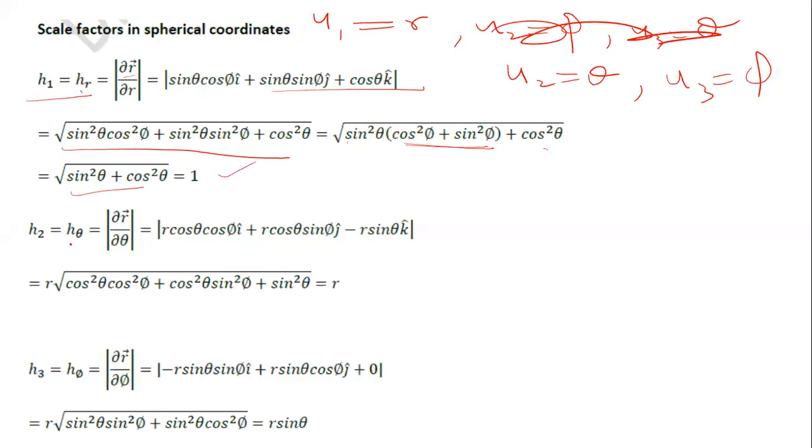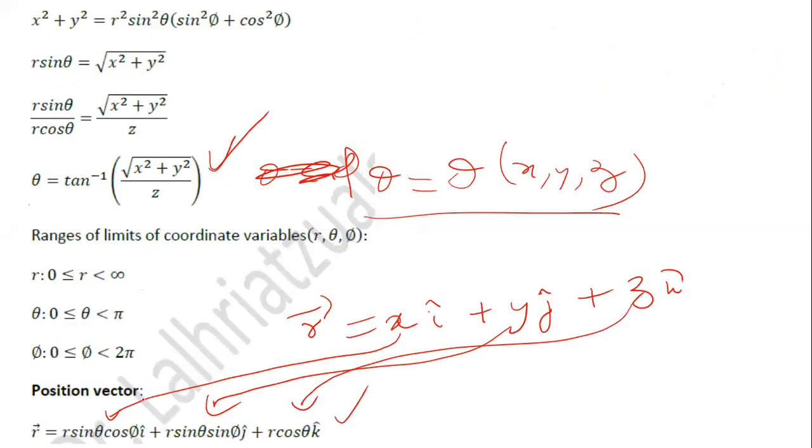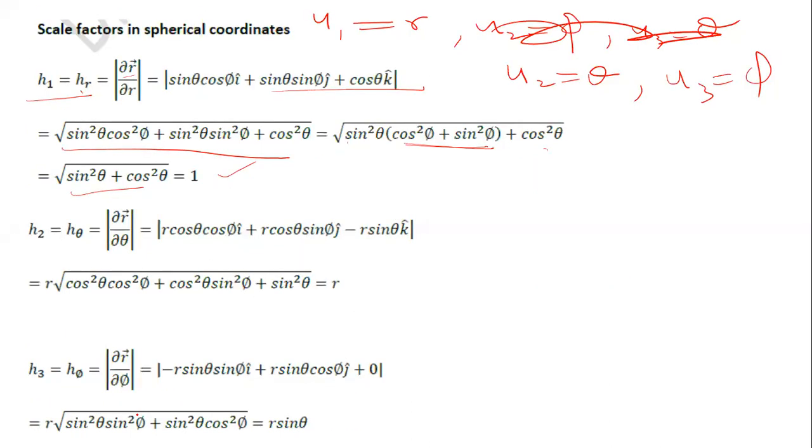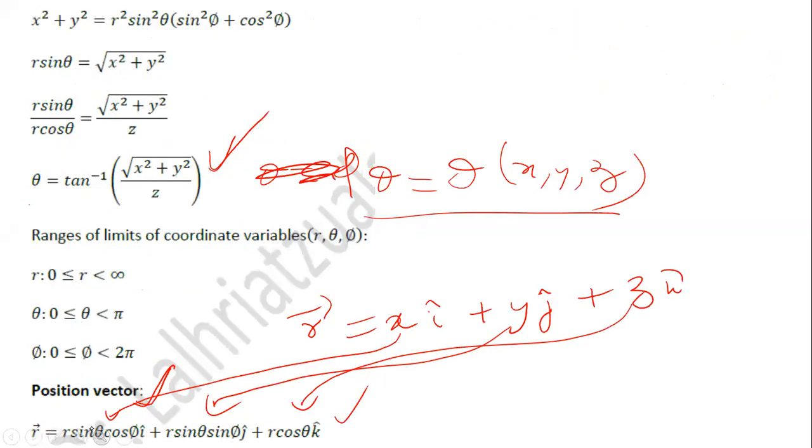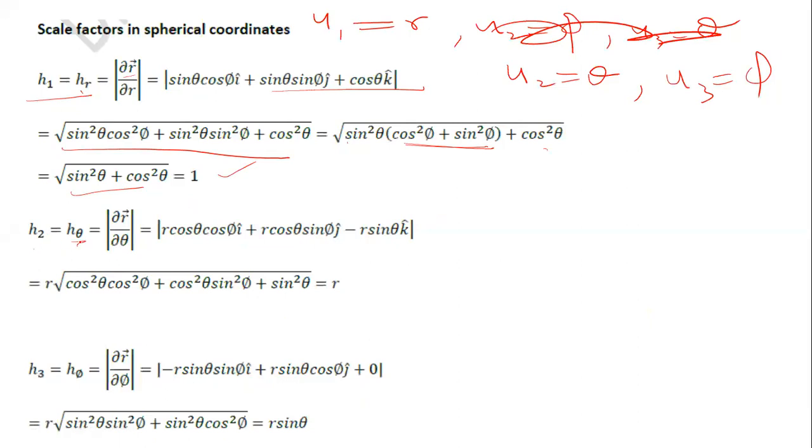And your h theta, h2, you just differentiate the position vector with respect to theta. So del r upon del theta.